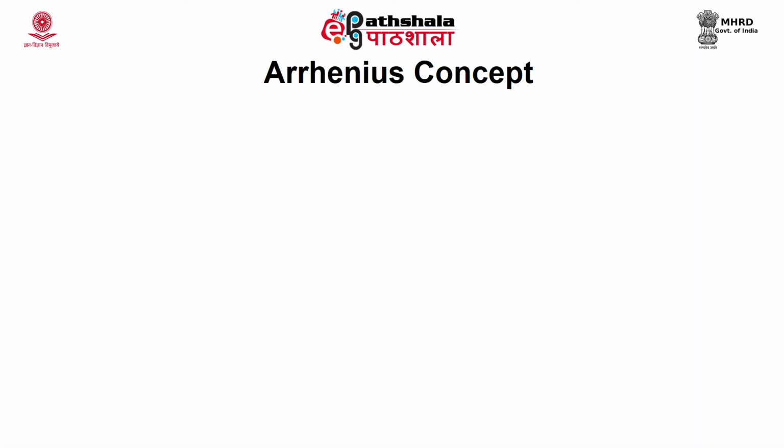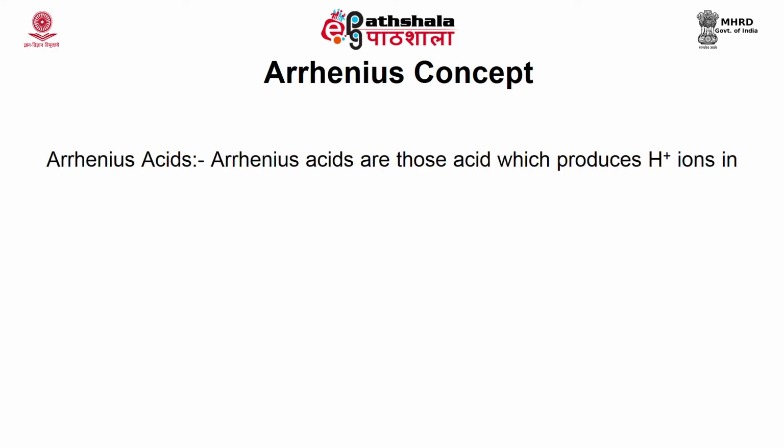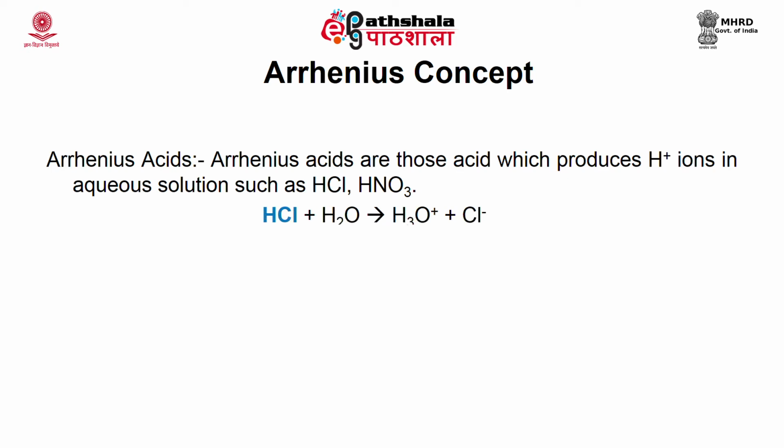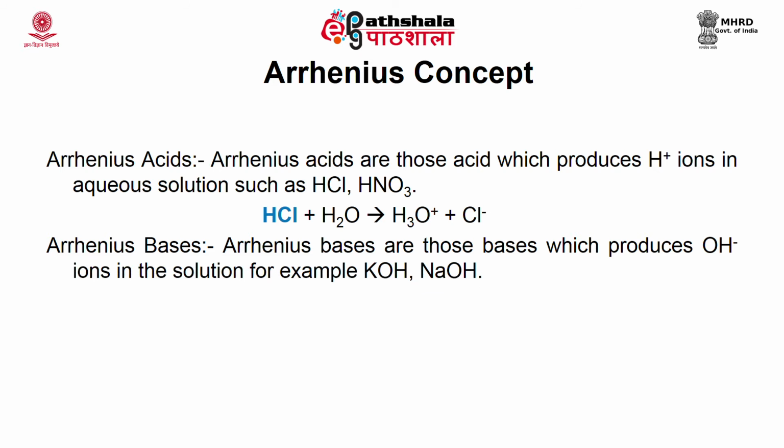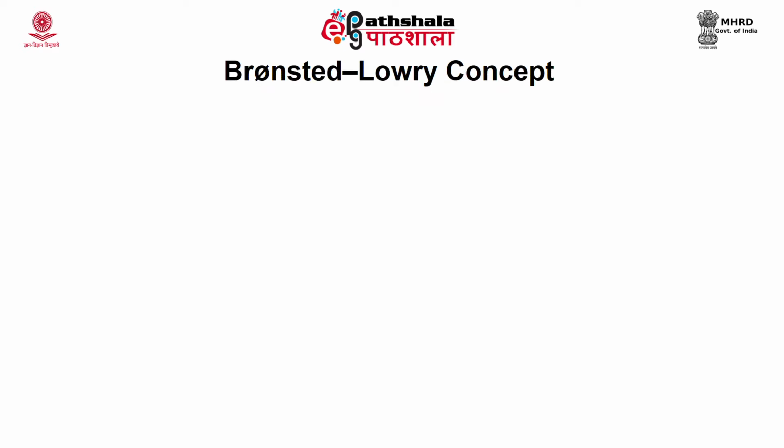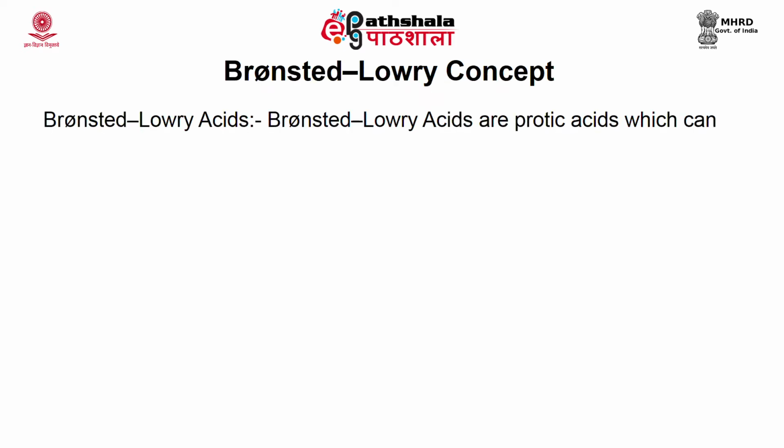According to the Arrhenius concept of acids and bases, acids are those which can provide H+ in the aqueous solution, and bases are those which can provide OH- to the aqueous solution. According to the Bronsted-Lowry concept, acids are those which can provide H+ to the aqueous solution.